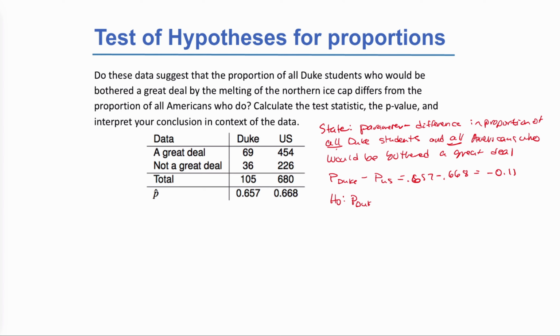I'm going to do this one. Again, you could do that they're equal to each other if you prefer. It doesn't matter. And then our alternative is that P Duke minus P US does not equal 0. And our alpha equals 0.05. They didn't give us an alpha, but we're going to use alpha equals 0.05.